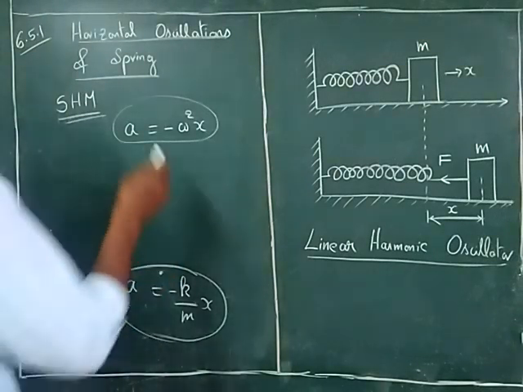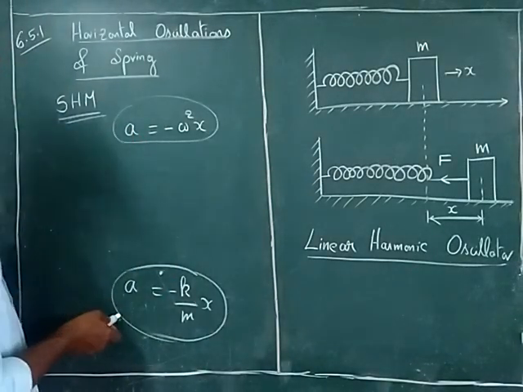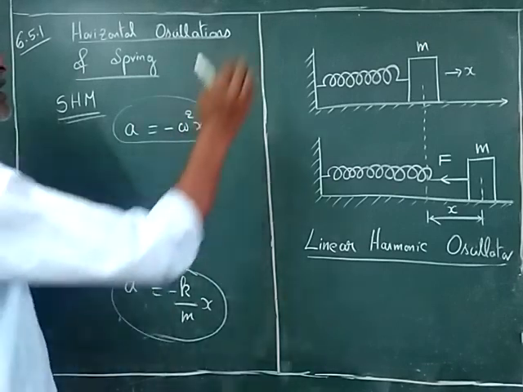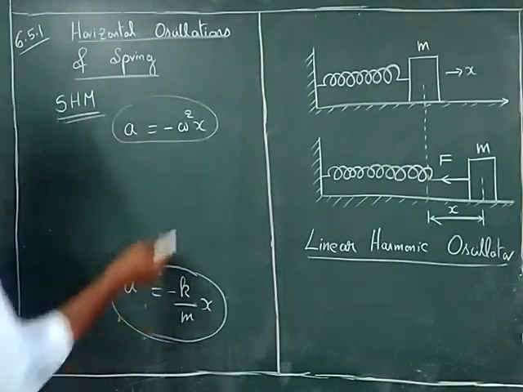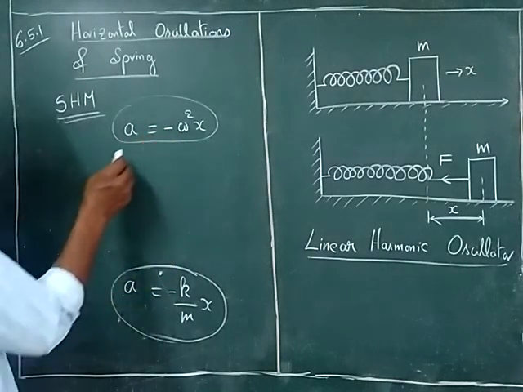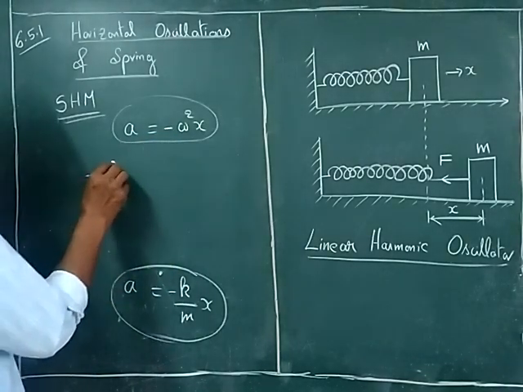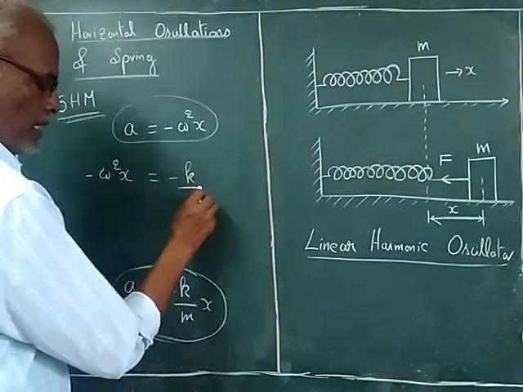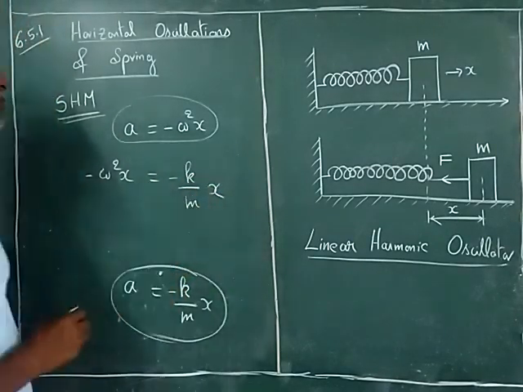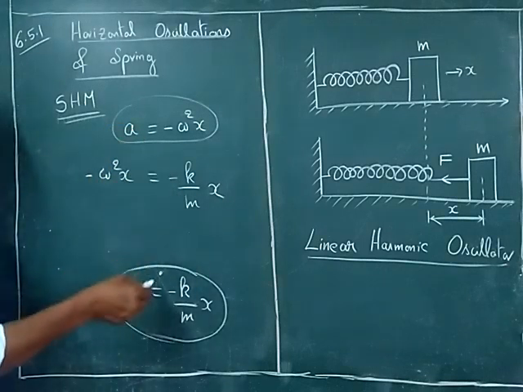Now here also acceleration, and here also acceleration pertaining to this condition. So we can equate these two accelerations. Therefore, minus omega square x should be equal to minus k by m x. So we are equating these two equations.